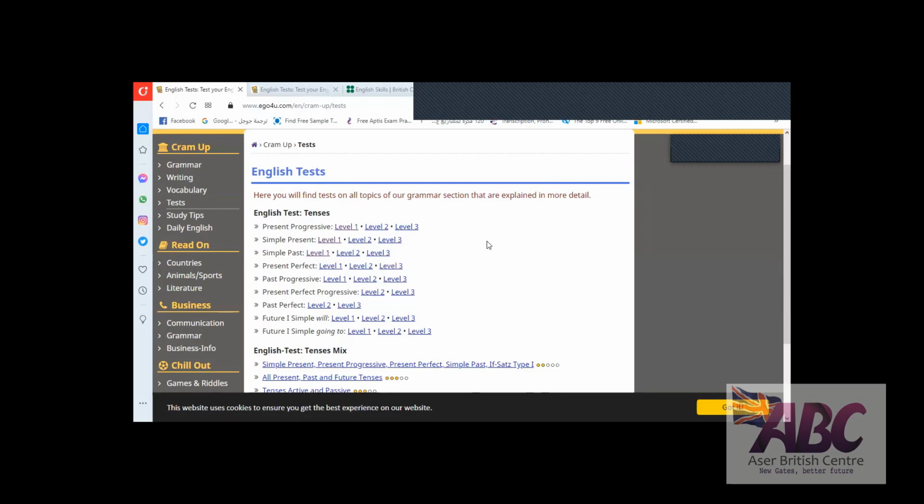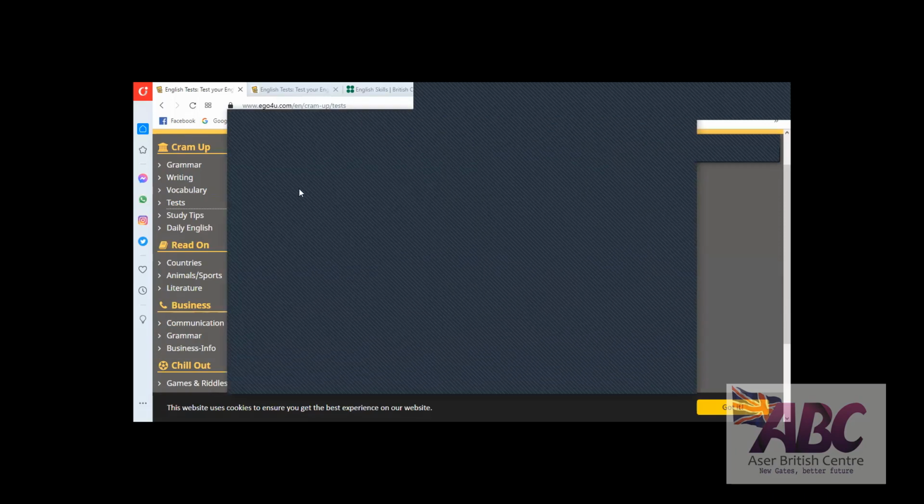If you want to teach your students how to tackle and deal with the tenses, you must use the following methods. Of course, the website Ego, but before going to Ego, you must teach your students that tenses must be used by usage, not formulation.